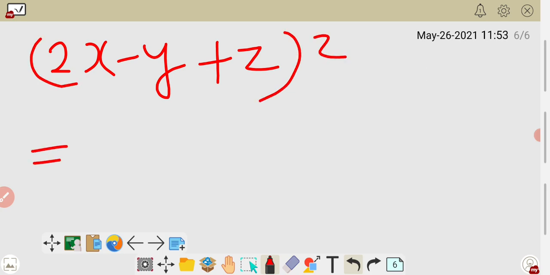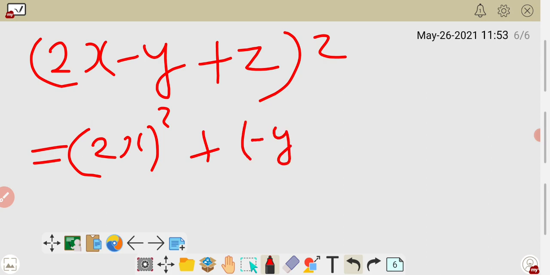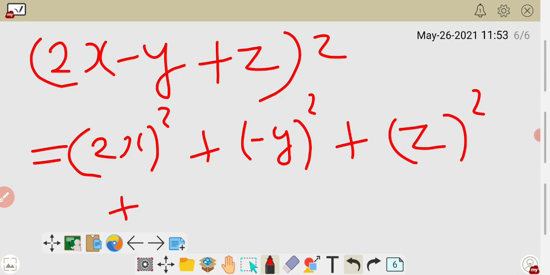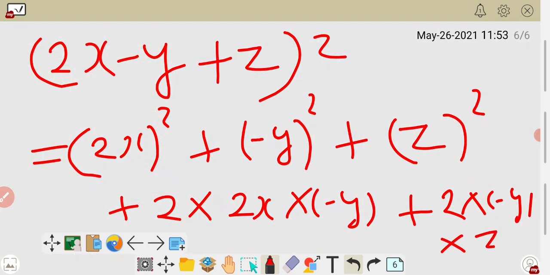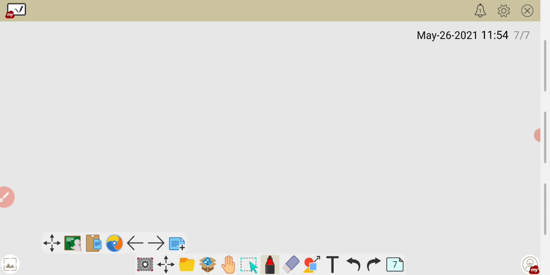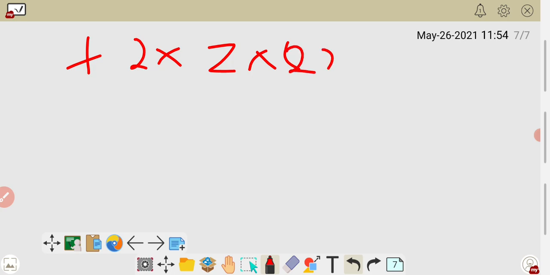Now just solve. a square, that is this one, plus b square, then write in a bracket, and then c square, then plus 2ab. 2 into a is 2x, b is minus y, plus 2bc. 2 into b is minus y, and c is z. And next we have 2ca, it becomes plus 2 into c is z, and a is 2x.